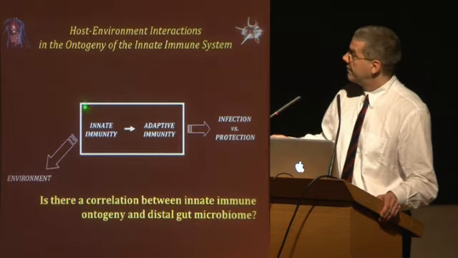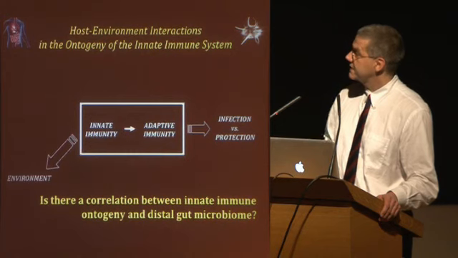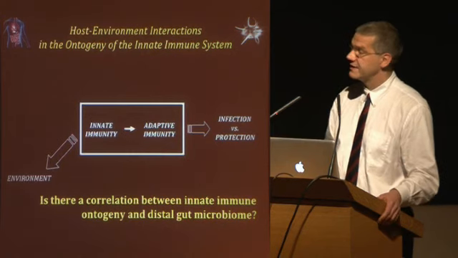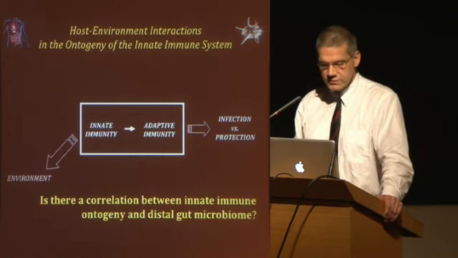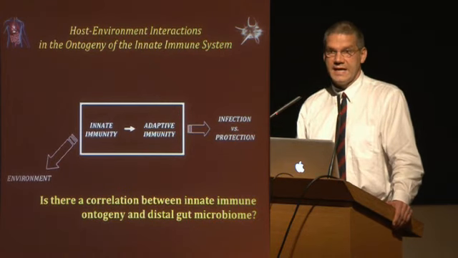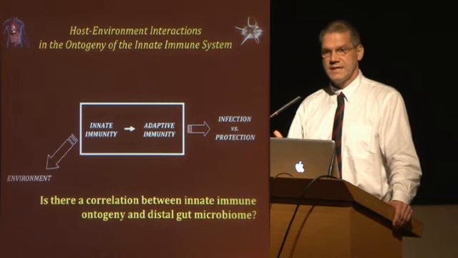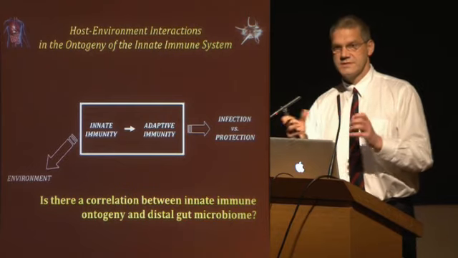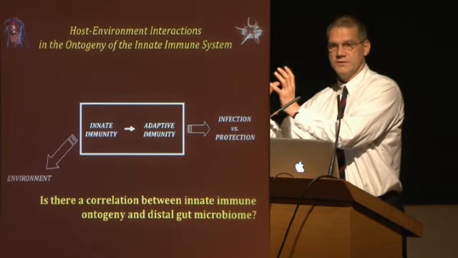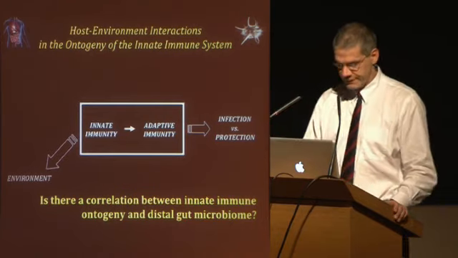And with this now, the first question that we asked in this simplified unidirectional interaction, is there correlation between innate immunity at birth and the composition of the gut microbiome 2 years later? So is the host determining the development of the gut microbiome?